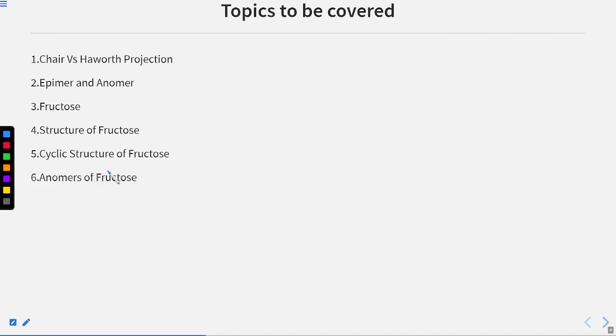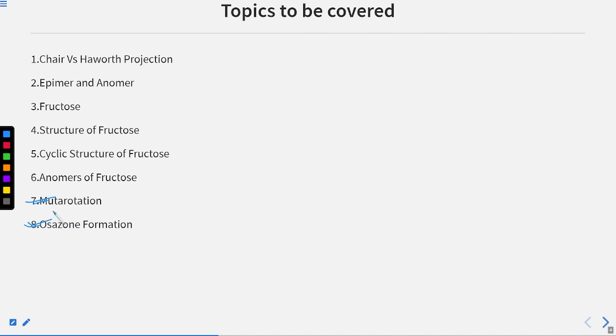Then again we will see anomers of fructose, as we have seen the anomers of glucose. Then mutarotation and osazone formation. The important topics of today are osazone formation and mutarotation. These two things are important and quite technical to understand, so you should be conscious while looking at them.